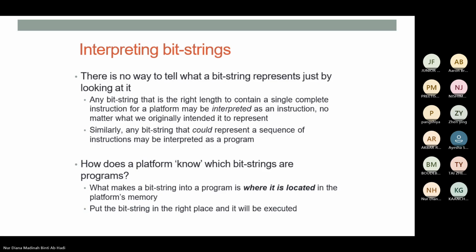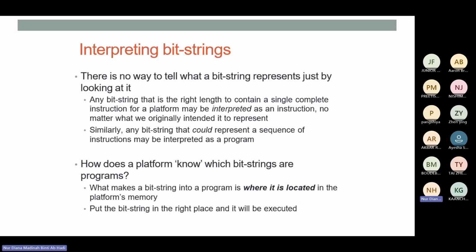So interpreting your bit string: there is no way to tell what a bit string represents just by looking at it. Any bit string that is the right length to contain a single complete instruction for a platform may be interpreted as an instruction, no matter what we originally intended it to be. Similarly, any bit string that could represent a sequence of instructions may be interpreted as a program.